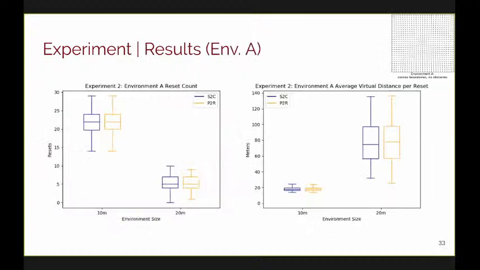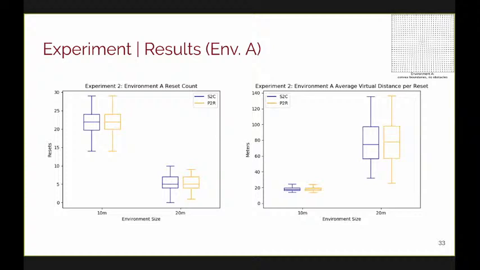So for environment A, as expected, there were no significant effects. On the left graph, you can see the reset count. The y-axis is the number of resets, and the x-axis is the environment size. Here, lower is better. And on the right graph, we have the mean virtual distance per reset, where the x-axis is again environment size, and the y-axis is meters.